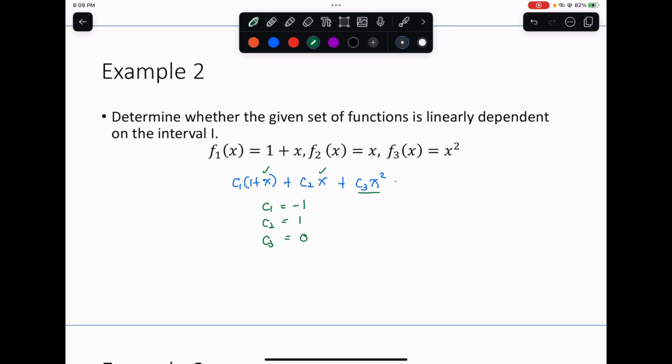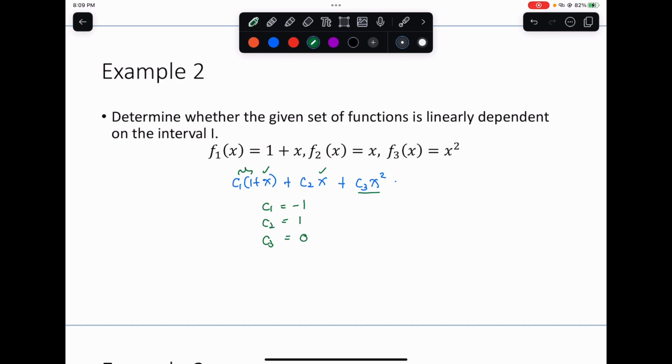But then, I could have a negative C1 plus C2, which makes it 0. But the problem there is we still have C1 times 1. So we still have these. So C1 times 1. Therefore, the combination there is not totally equal to 0. So, what else?